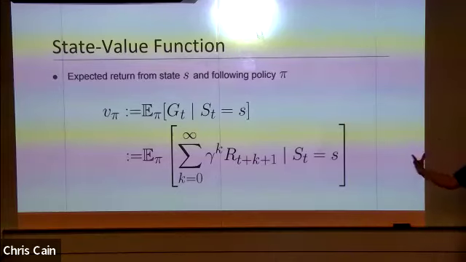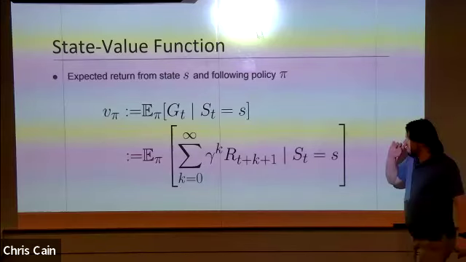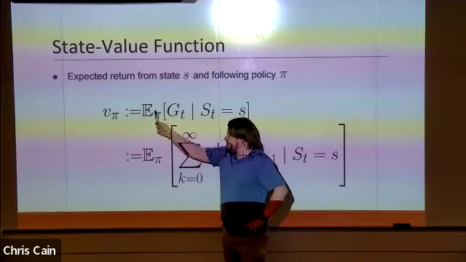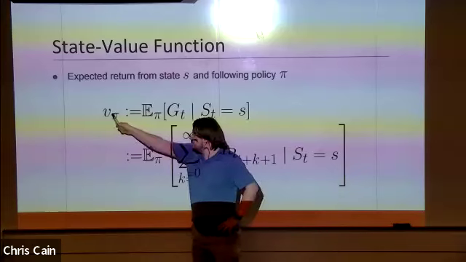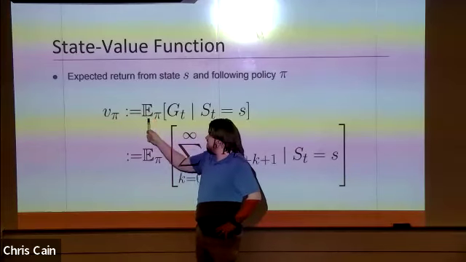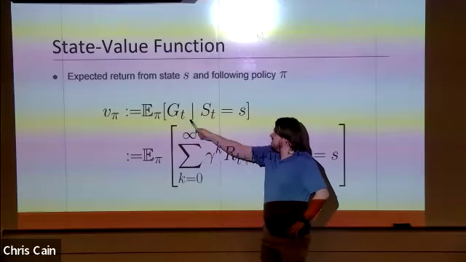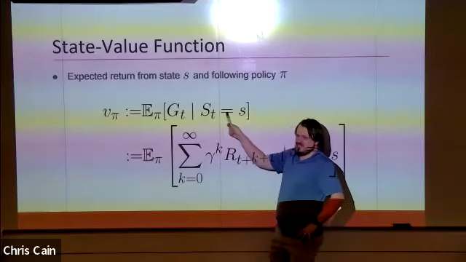The limit of that will approach some value because of exponential decay. So we just need to figure out the expected value, where pi represents some policy. So the value of a policy is defined to be the expected value of the return at time t, given that at time t we're in a particular state.